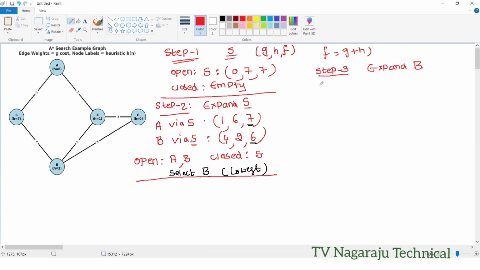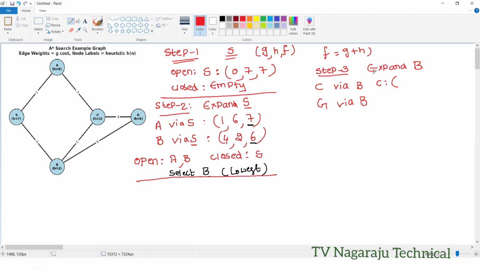What are the other neighbors? One is C, another one is G. Here write down C via B, G via B. Now write down the node value of C. Observe here, first the G value. What is the G value?